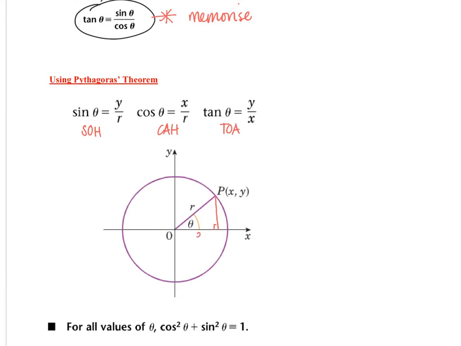So this is your x and this is your y. So just using that little right angle triangle, we can find the ratios for sine, cos and tan.